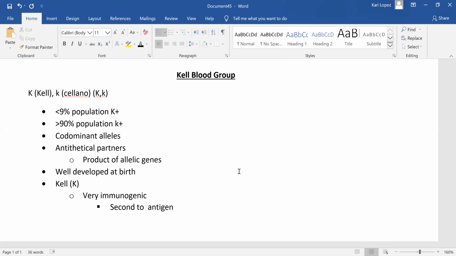The most immunogenic is your D antigen in the Rh system, and second to D is going to be your Kell as far as immunogenicity.